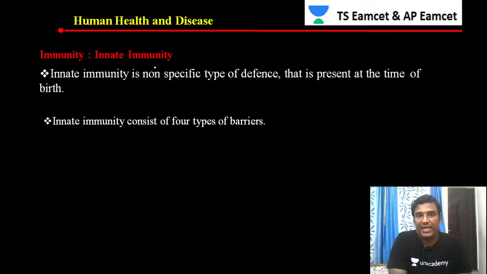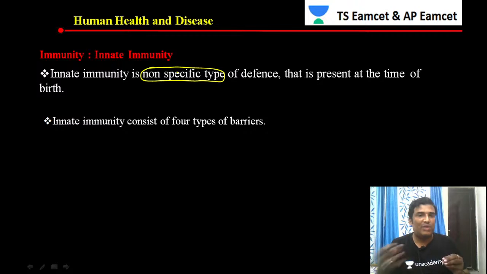Innate immunity is a non-specific type of defense. What is the meaning of the term non-specific? It means that the immunity is produced by the human body, but it is not specific to any bacteria, virus, protozoan or helminth parasite. Whatever organism enters the human body, it acts against that.